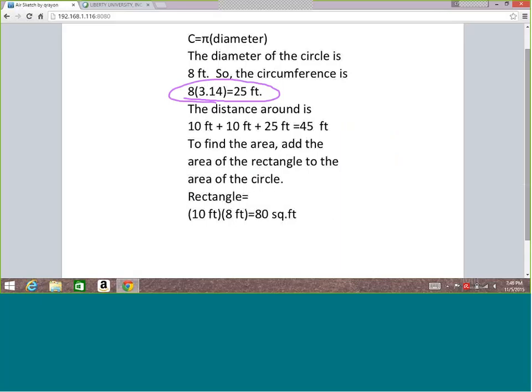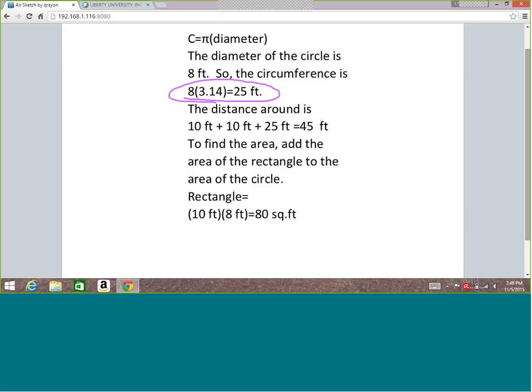Like if you push the pi button on your calculator, you'll see numbers after the 4. So if my math lab tells you to use 3.14 for pi, you need to actually type 3.14 even if you have a pi button on your calculator. Okay, so pay close attention to the directions in my math lab for how you're going to handle pi.